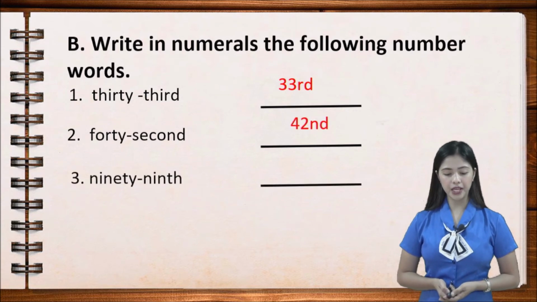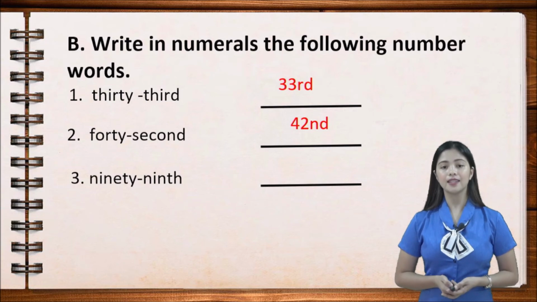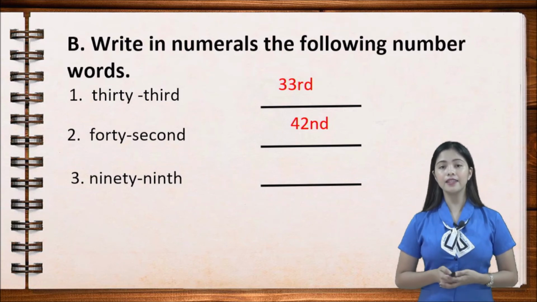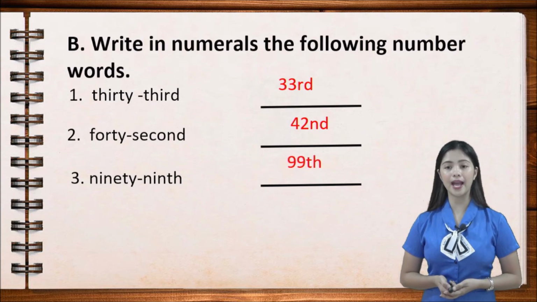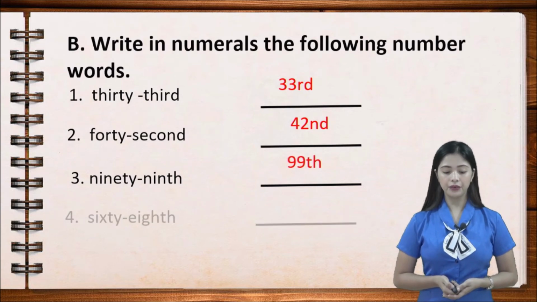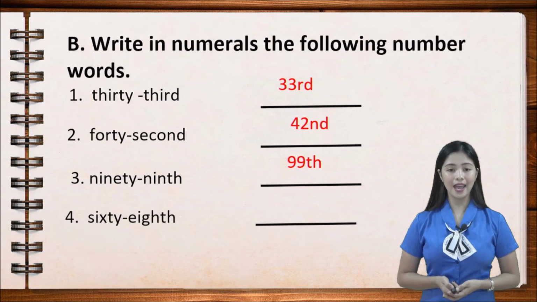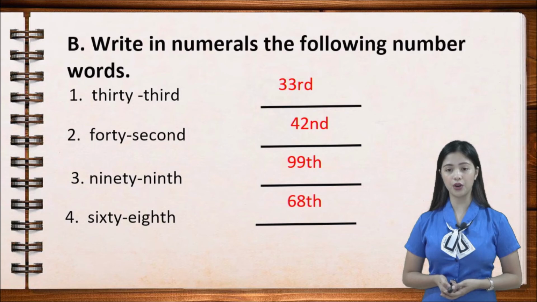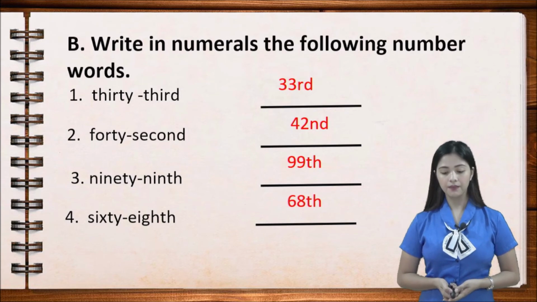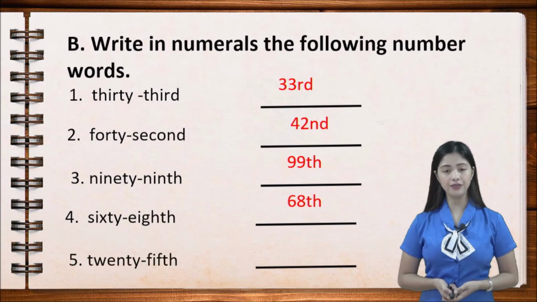For number 3, 99th. Because it ends with 9, we are going to add TH. For number 4, 68th. So, we are going to add TH. And for number 5, we have 25th.